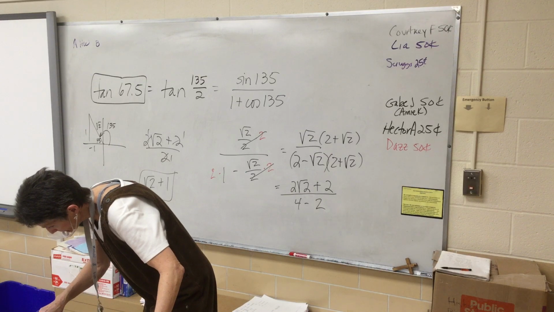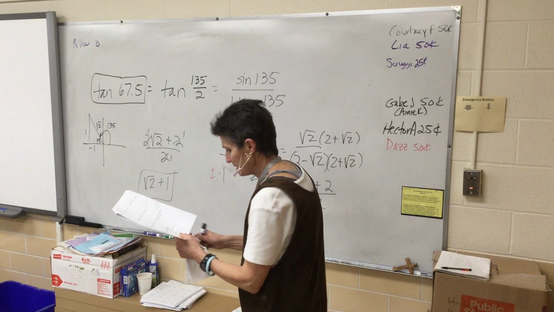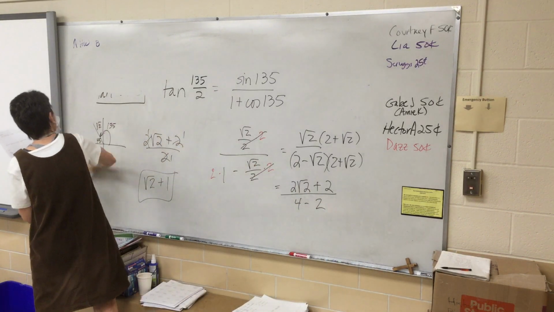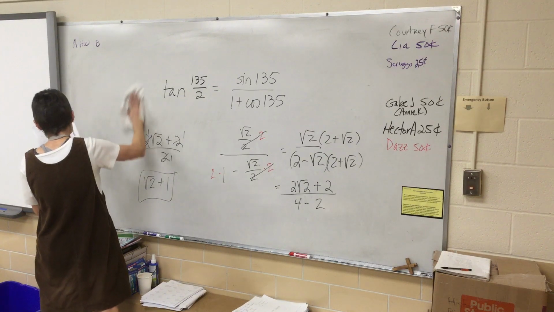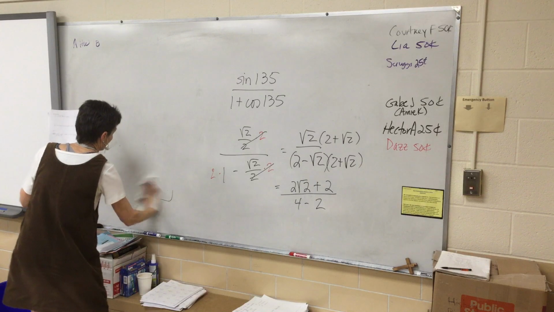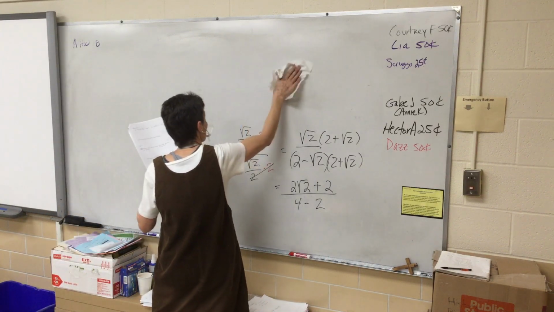A couple more, and then we'll stop and do another review problem. Let's see if we can get through part 2. Look at your formulas, and they're all going to be in the double or half, the ones that say 2 theta or theta over 2.